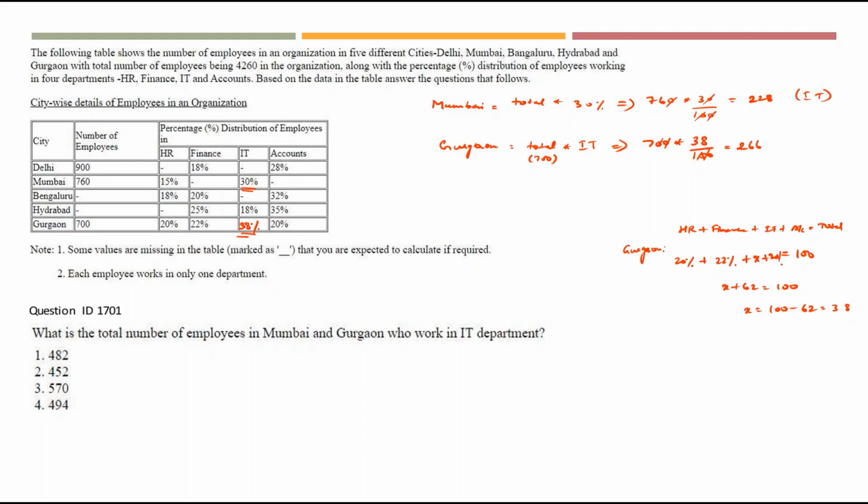Now the question is, from the IT department in these two cities, I have to calculate the total number of employees. So the count will be Mumbai employees from IT plus Gurgaon employees from IT. Mumbai has a count of 228 and Gurgaon has a count of 266. This will give 494. Option number 4 will be the right answer.